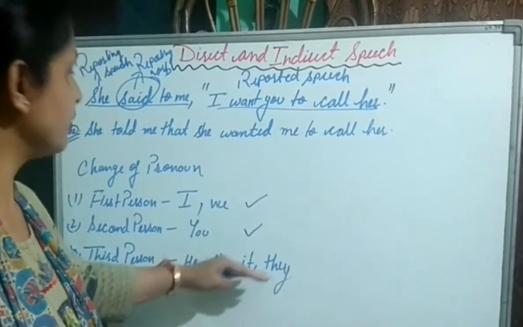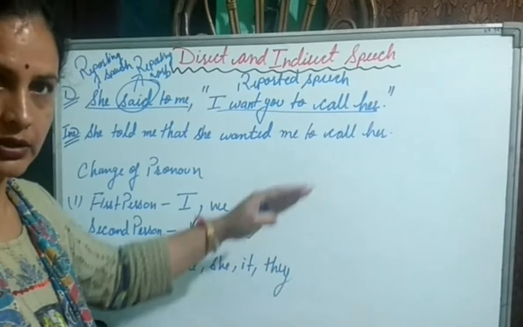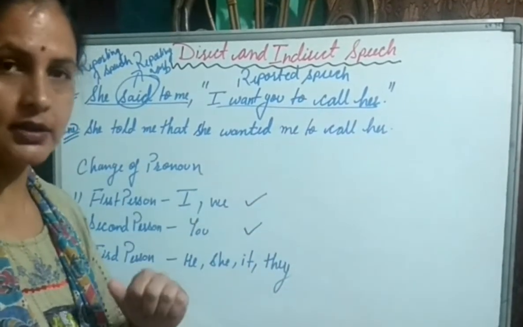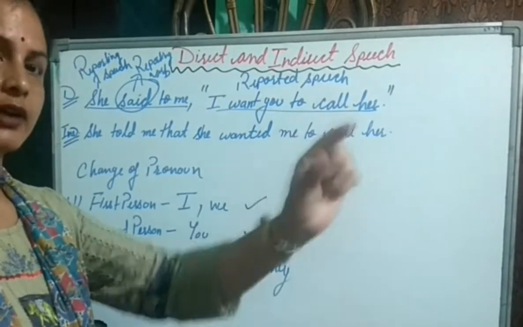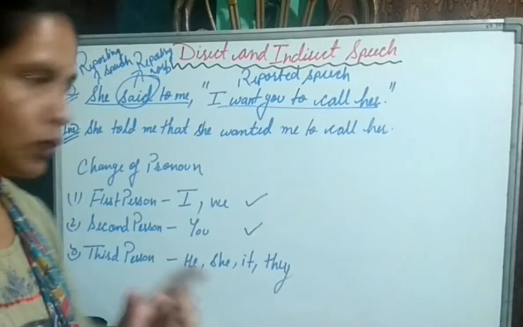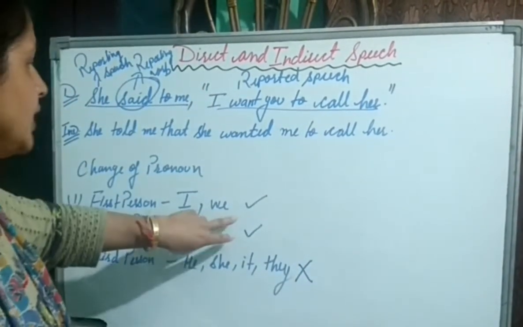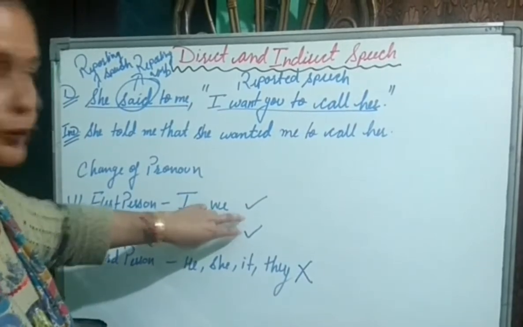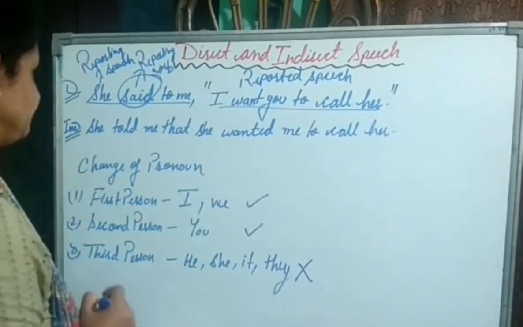If any of the pronouns of third person is used in direct speech, we will write that pronoun the same, as it is, in indirect speech. No change takes place here, but these two we change. So this we will understand with the help of this example.